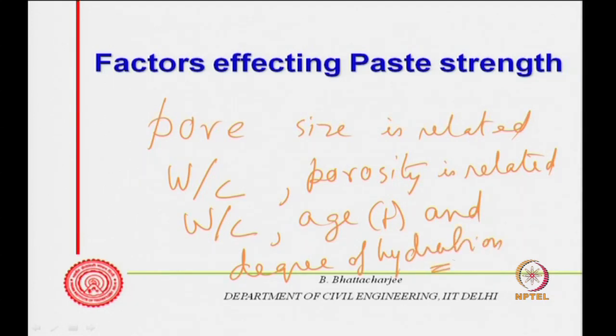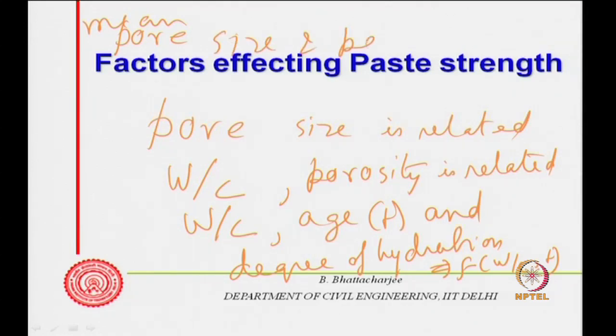Now, degree of hydration itself is a function of W by C and T. So porosity and pore size are related to water cement ratio, and we have seen that mean pore size and porosity govern strength.